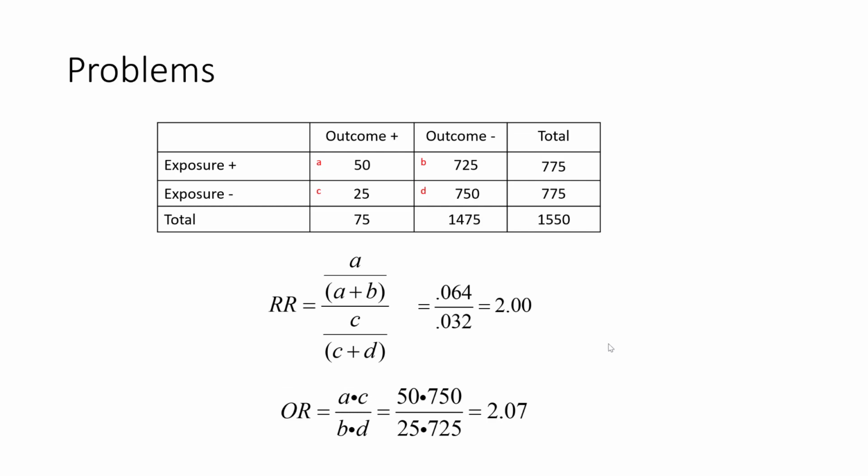Here we've changed the example to have a much lower prevalence rate, 75 out of 1,550. Now the odds ratio ends up being a much better estimate of the relative risk because the outcome is rare.